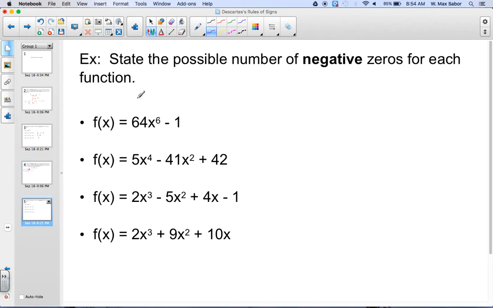So here, if we replace x with negative x, and we raised it to the 6th power, we would have 64x to the 6th again. So this is still going to be 1, 1, negative 0.